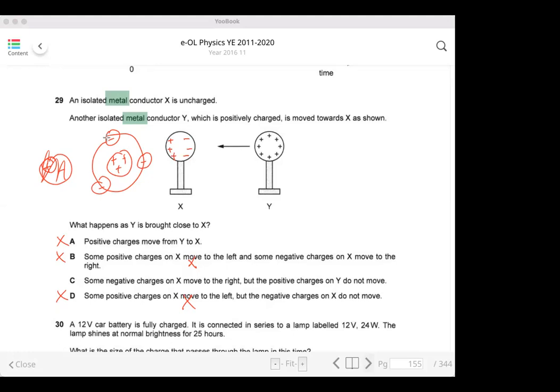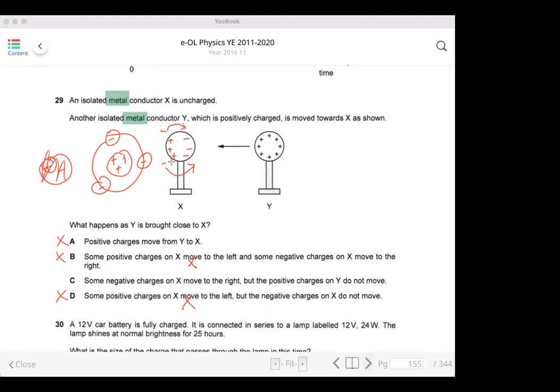Remember I told you the positive do not move. So they are positive on both sides, but the positive do not move because the negative on the left side moves to the right side. So the right side has more negative, even though the positive are still there. Therefore, there is more negatively charged.